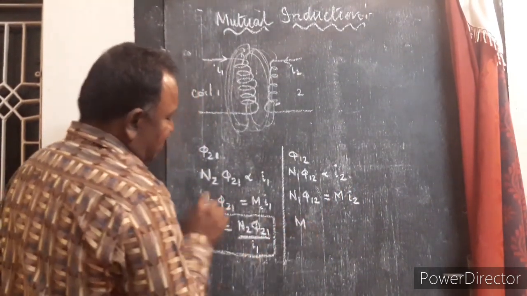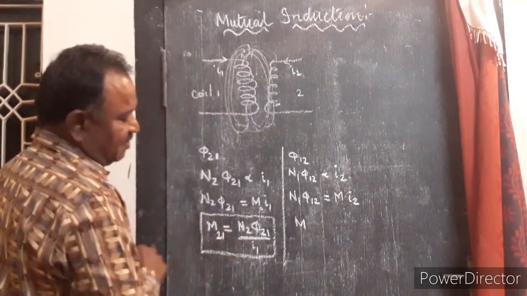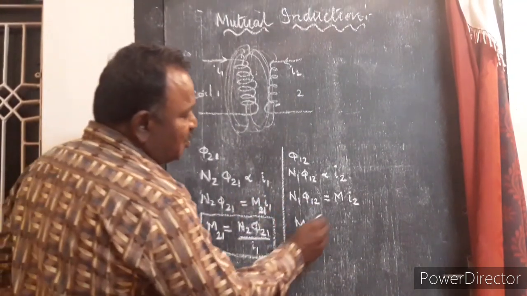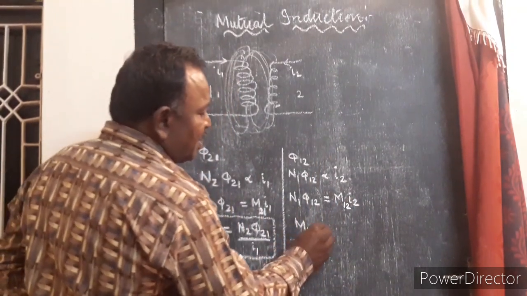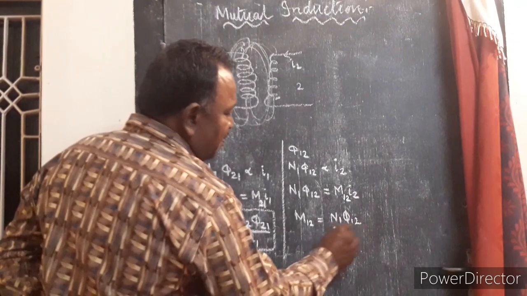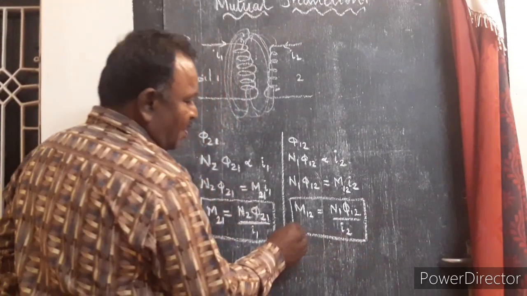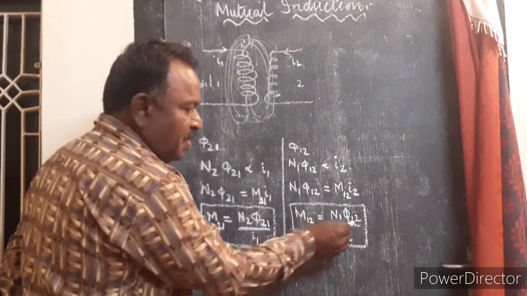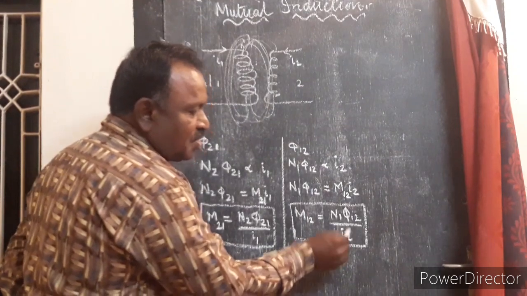This is the mutual inductance of the first coil with respect to the second coil, so we can add a suffix M12. So M12 is equal to N1 into phi 12 by I2. So the mutual inductance of the first coil with respect to the second coil is equal to the ratio of the flux linkage of the first coil to the current through the second coil.